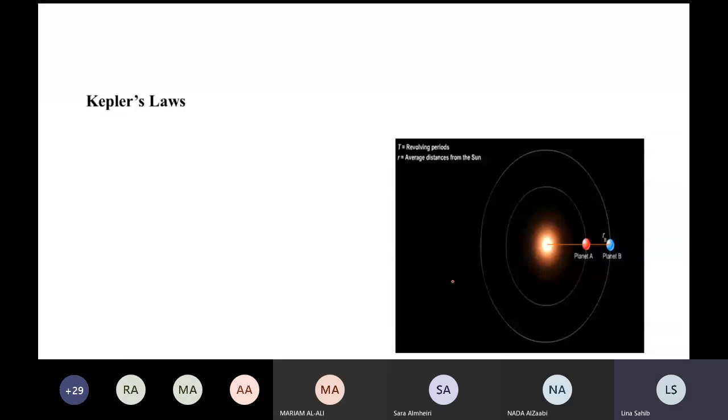This is the sun, this is A, this is B. As you can see here, there are two different distances, RA and the longer one, RB. What do you have here? You also have two orbits, orbit A and orbit B. Okay. How can I move with the problem solving?